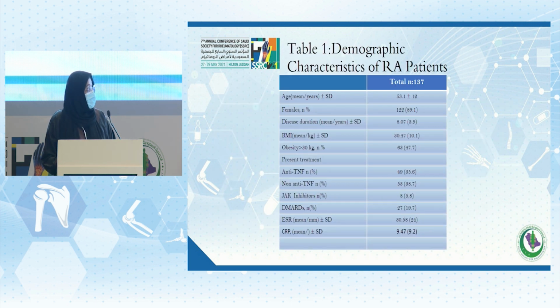This is the demographics, showing the median age was 53, and the females were 90% of the patients. The standard deviation for the disease duration was 8 years, and the mean BMI showed that more than 50% were obese, more than 30 kg/m2.